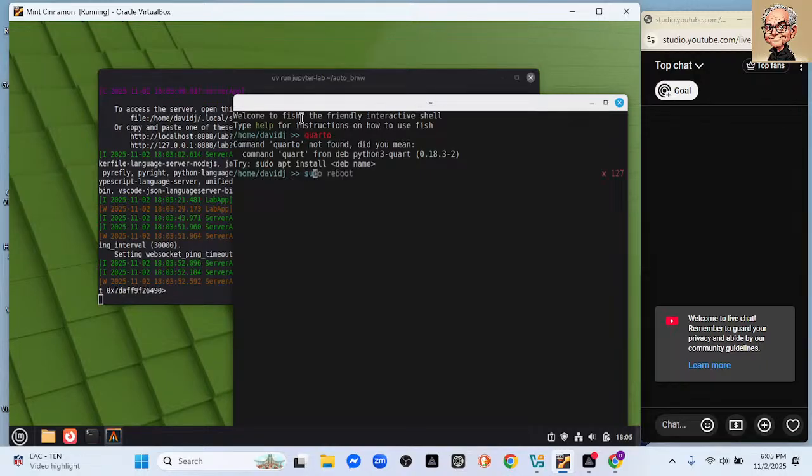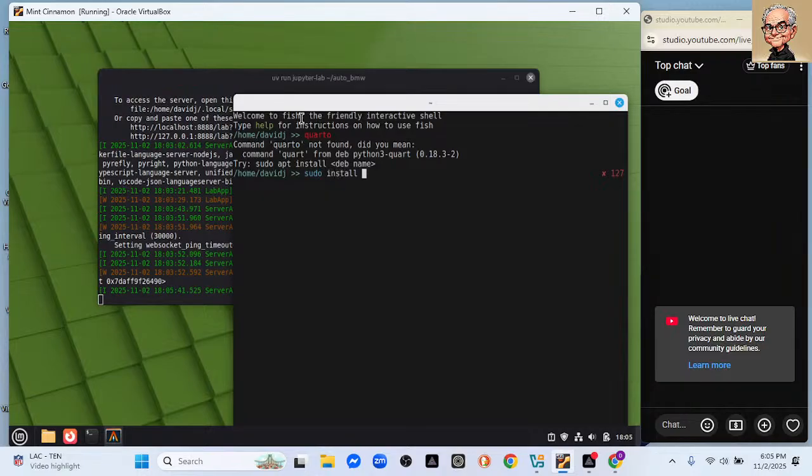Sudo install. Because what Quarto allows us to do is create different document formats, okay?